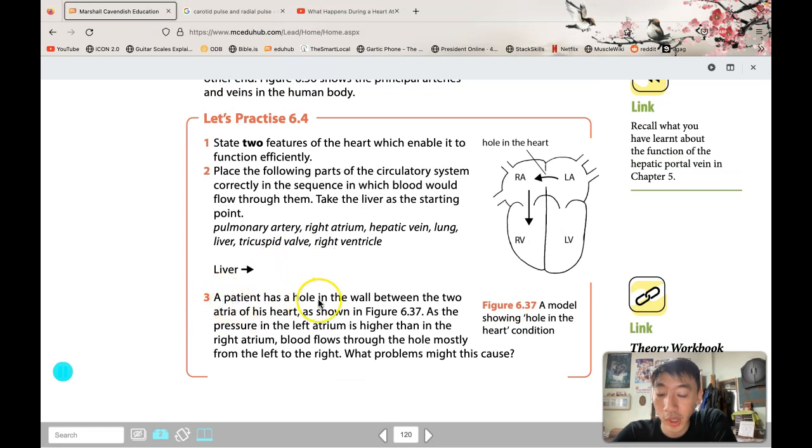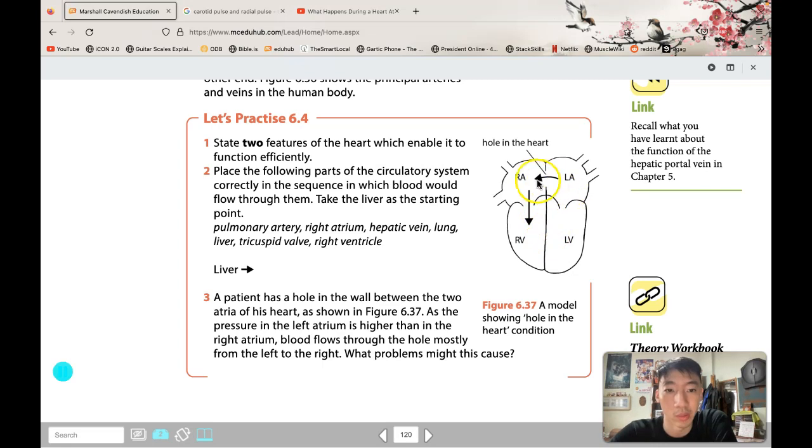Okay, let's talk about question 3. Question 3 says, a patient has a hole in the heart wall between the two atria. The pressure in the left atrium is higher than the right atrium. Blood flows through the hole mostly from left to right. What problems might this cause? When there's a hole in the septum, either between the atria or over at the ventricles, this will cause mixing of deoxygenated blood and oxygenated blood.